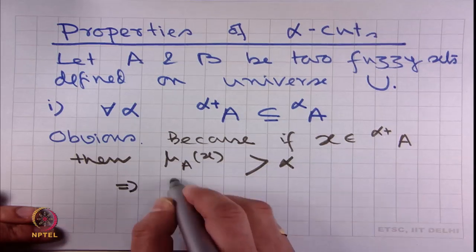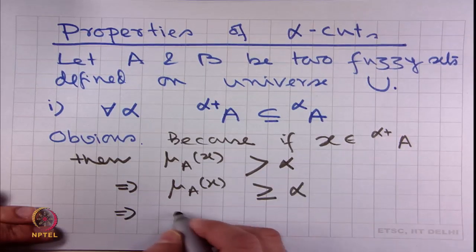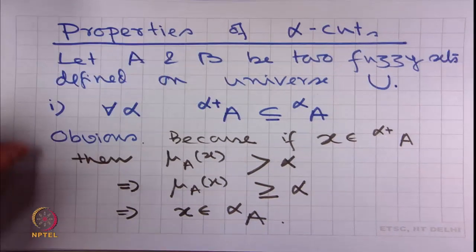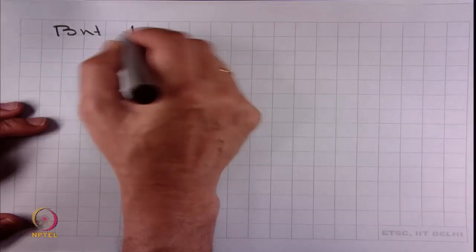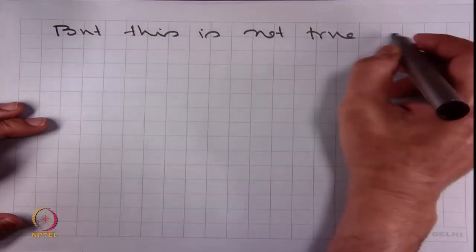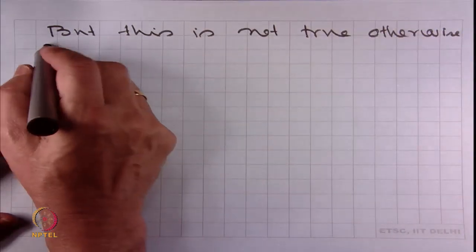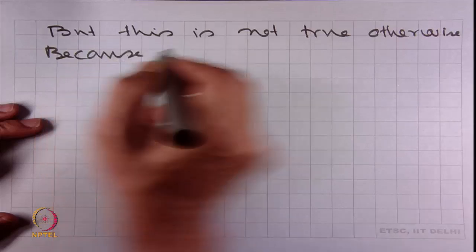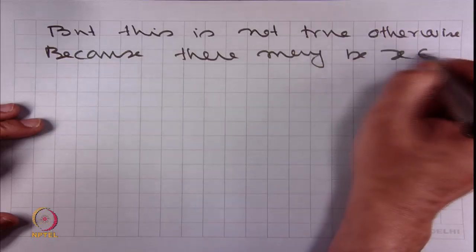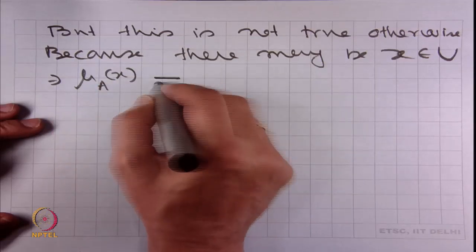Therefore, implies mu A of x is greater than equal to alpha, implies x belongs to alpha A. But this is not true otherwise, because there may be x belonging to U such that mu A x is equal to alpha.